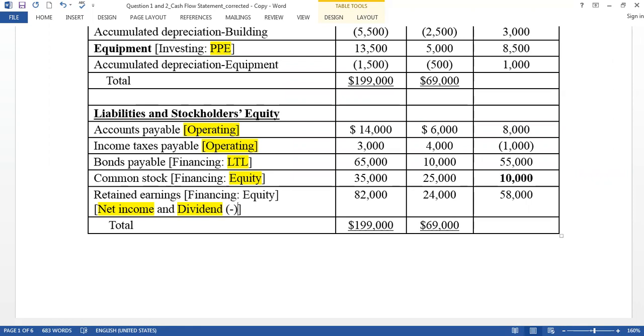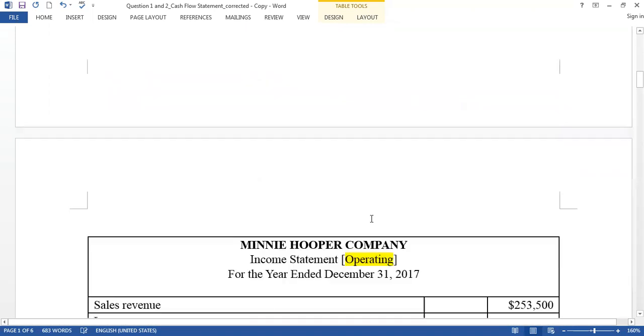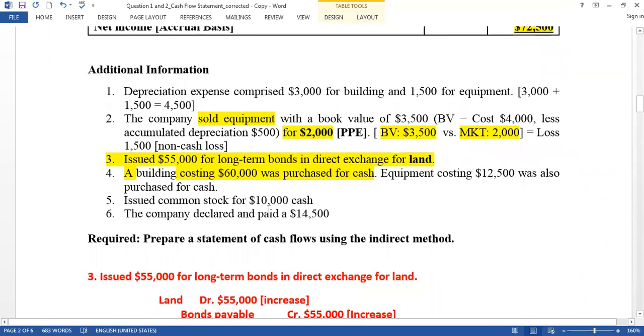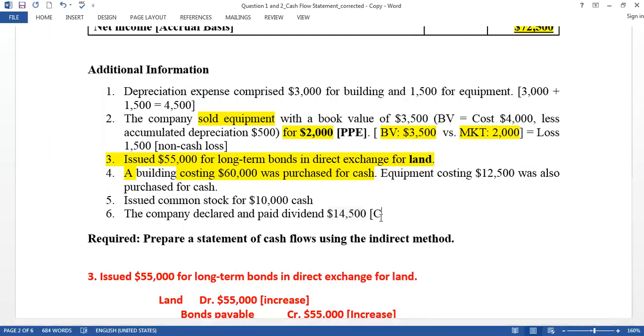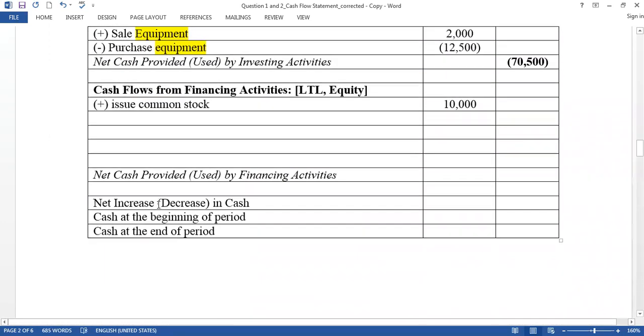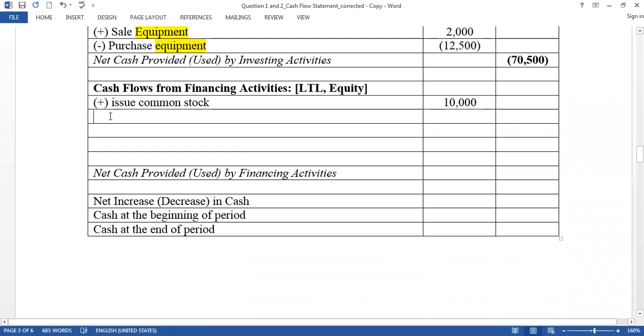Now we have to see whether the company paid any dividend or not. The question said that the company declared and paid dividend 14,500. Okay, so cash minus, it means that our cash is minus. So this is financing activities.